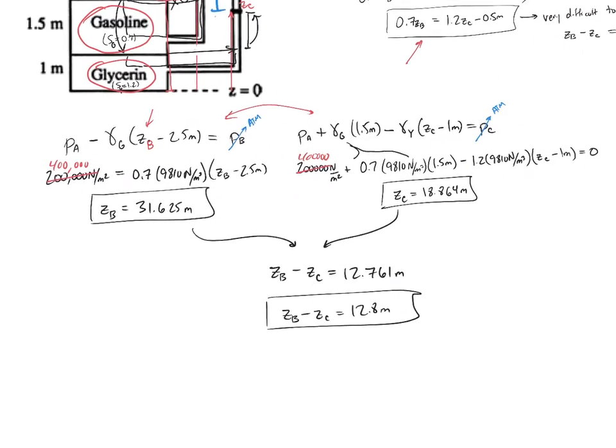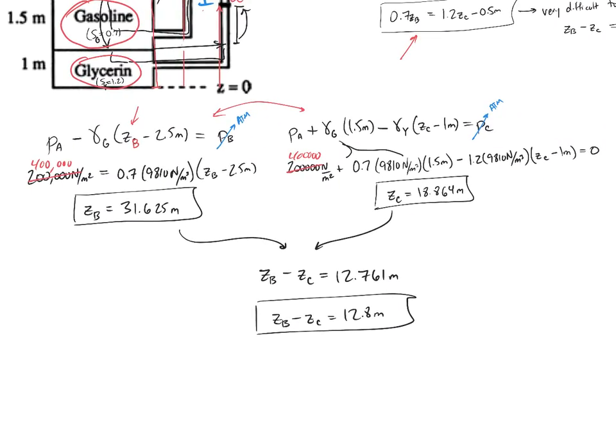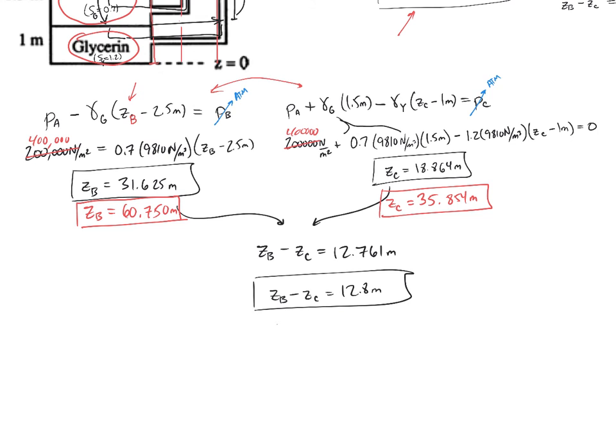So if we go down here and do the algebra, if I just redo these equations, I'm going to get different numbers. So I get these numbers right here. And if I plug them in down here, then I get ZB minus ZC equals, something like that.